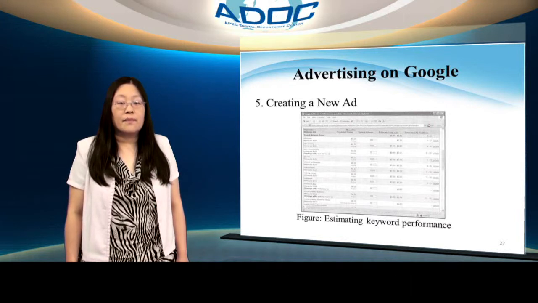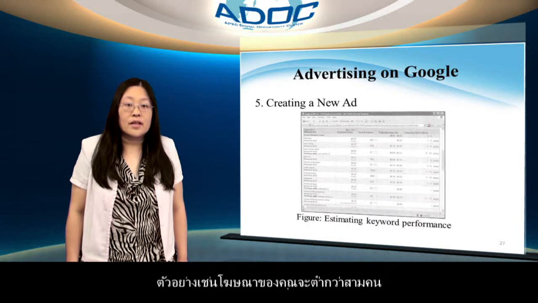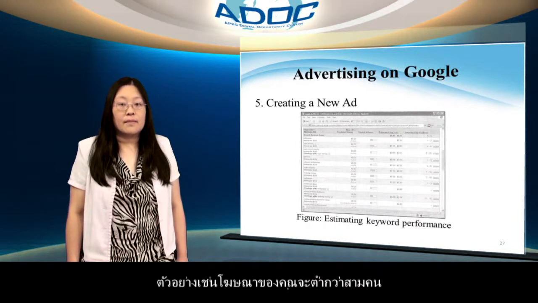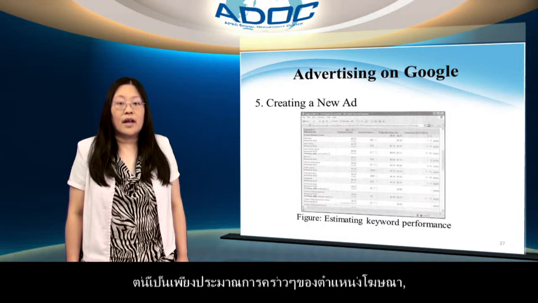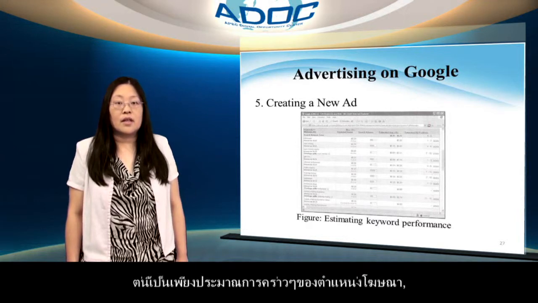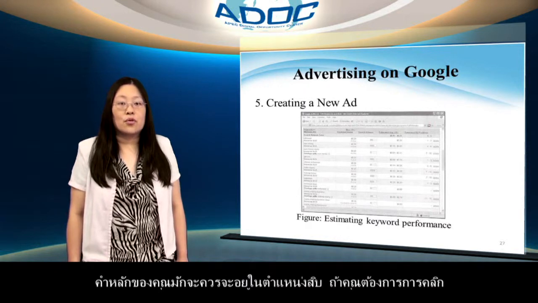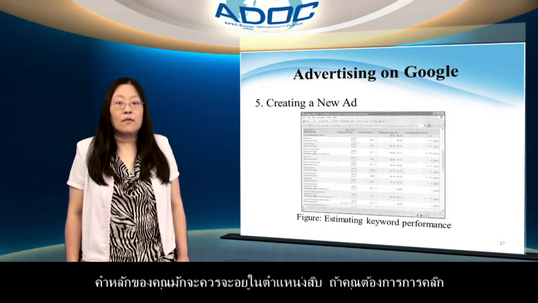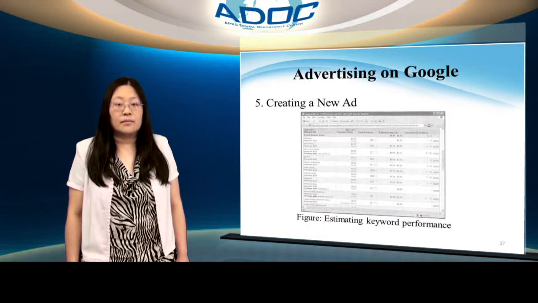If it's 4, for example, your ad will be below 3 others. Although that is just a raw estimate of ad position, your keywords should usually be in the top 10 positions if you want any clicks.